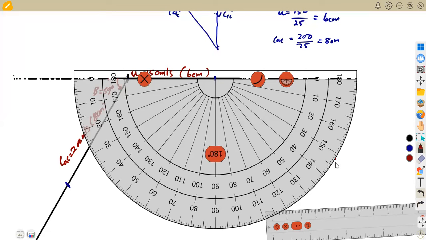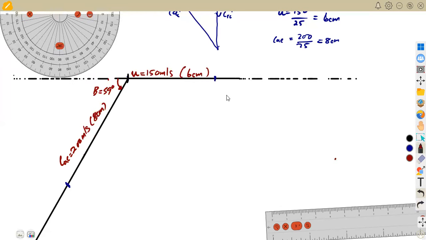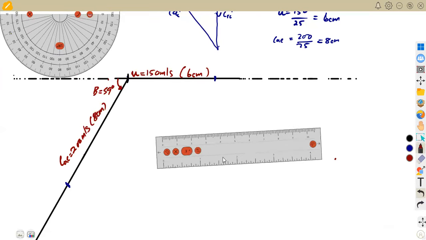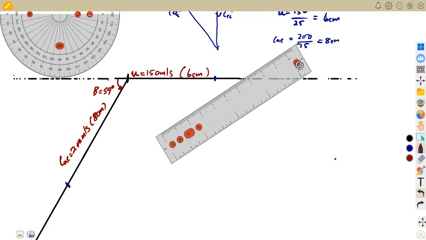Where 32 is, you mark a point. You know that my 32 degrees is at this point. That is what you understand. Using your ruler, you can now join this point up to this point. In fact, you are supposed to continue from that point because that is where you have your 32 degrees.